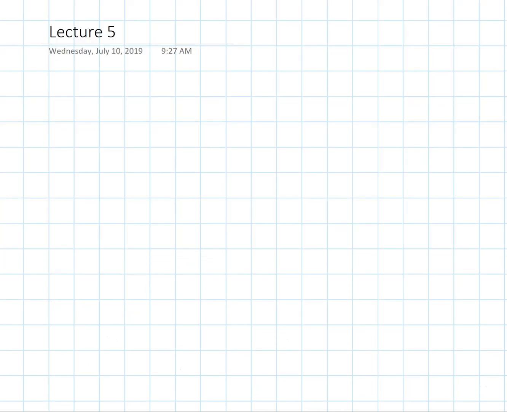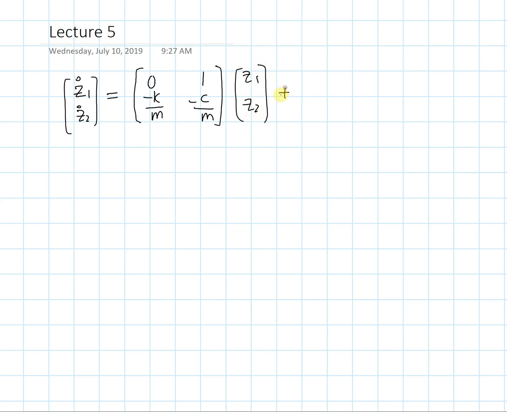So z1 dot, z2 dot, this is a vector, and this vector is equal to the matrix [0, 1; minus k over m, minus c over m] times the vector z1, z2, plus, we're not done yet, the vector [0; 1 over m] times p(t). Then we have our output y, which equals [1, 0] times [z1, z2].